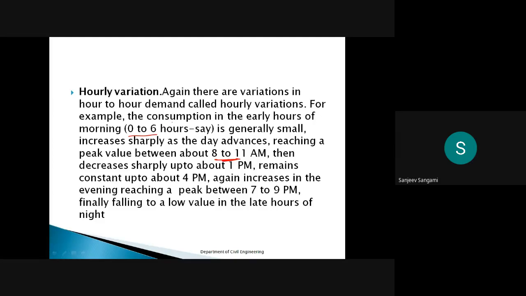These are average calculations. 8 to 10 is the peak, then it decreases sharply about 1 p.m., remains constant up to 4 p.m., again increases in the evening, and reaches a peak between 7 and 9 p.m.